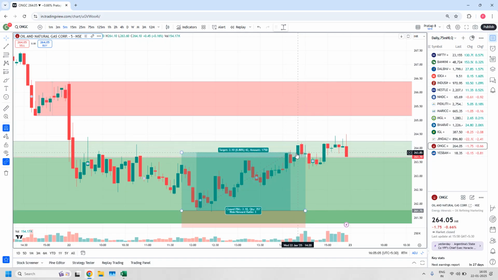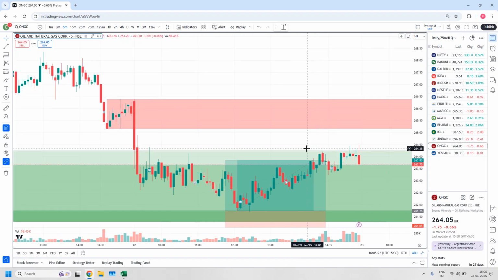See, when it reached this target, 1:3 RR around 2:20, maybe in this candle, 2:10 it reached. And if you have taken intraday margins from your broker, probably you have to close your positions by 2:30 or 2:45.